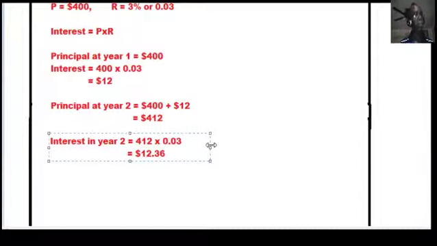Here, you have new principal in year 2. Interest in year 2 equals 412 times 0.03. This equals $12.36.